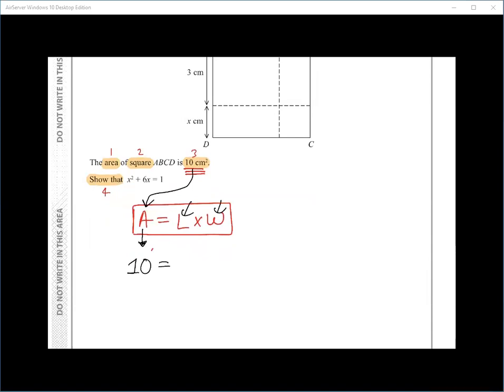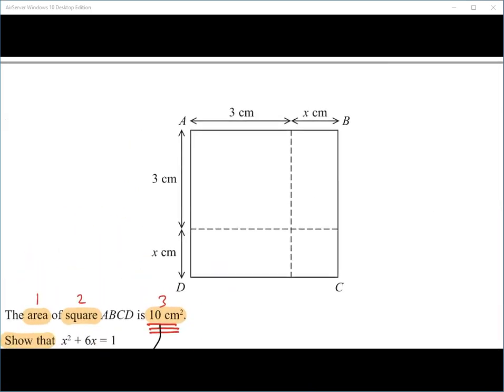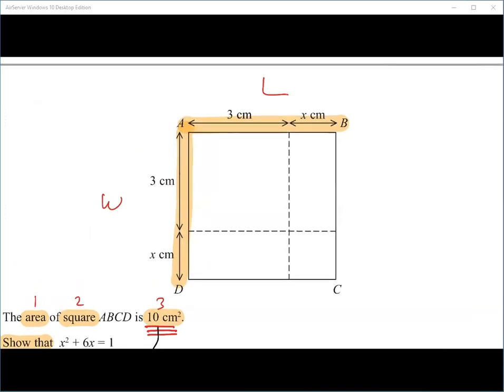Lovely. Now, by looking at the diagram, what is the length? I normally call this bit my length, and I will normally call this bit my width. So what is the size of the length? Because they've given us numerical terms and algebraic terms, how do we marry them together?